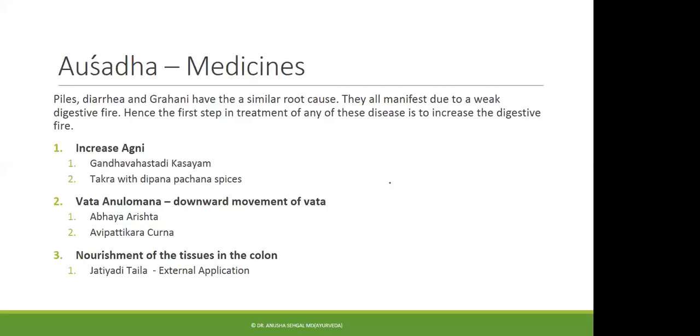The cotton soaked with this oil is inserted into the anus, and that allows the surrounding structures to be nourished with this oil. Okay, so that's the main concept of how we want to approach treating Arśas.